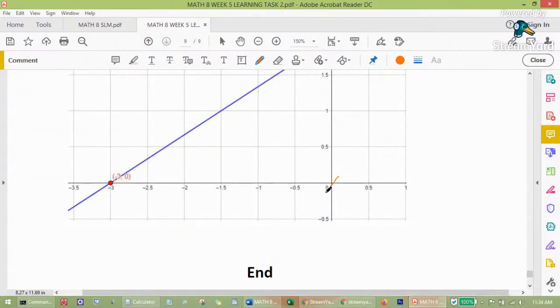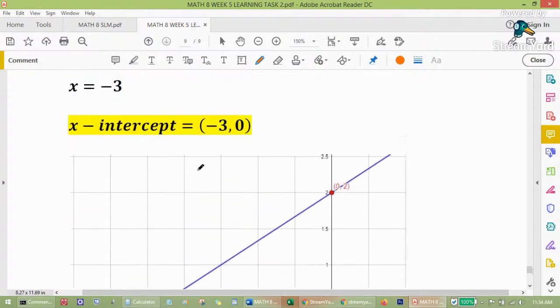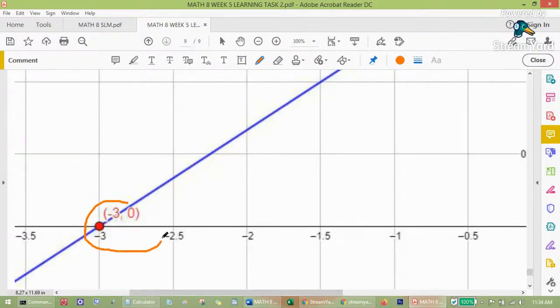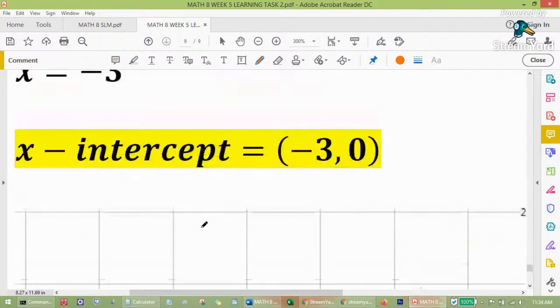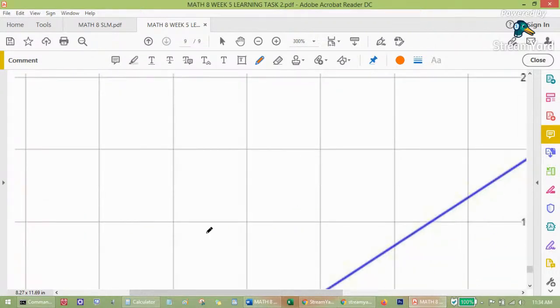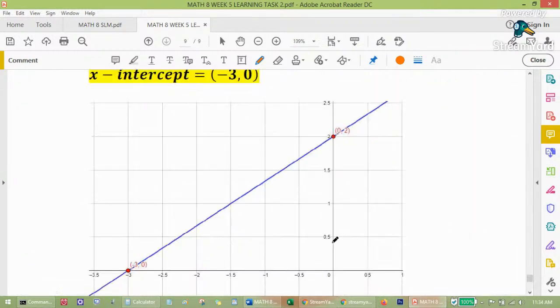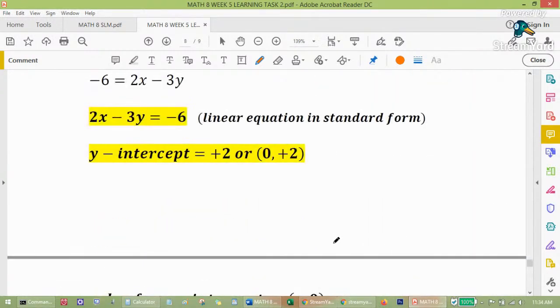So, ito yung 0, negative 1, negative 2, negative 3. And then, ang y natin is 0. So, ibig sabihin, hindi tayo aakyat, hindi rin tayo bababa. Then, therefore, x is negative 3 and y is 0. Okay? Doon tayo sa second point.